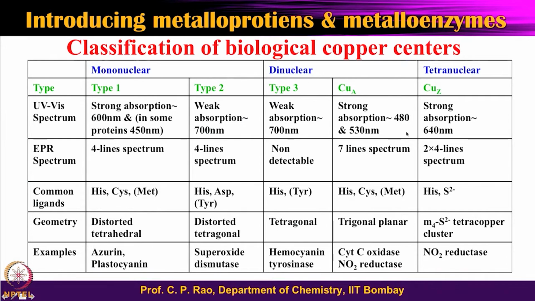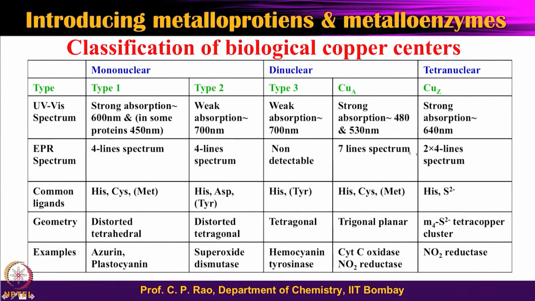So, that means your coordination cores are changing from one to the other, and their spectra are shifted into the visible region, as you can see. Type 1 has a 4-line EPR, type 2 has a 4-line EPR, and type 3 you cannot detect, it is non-EPR.